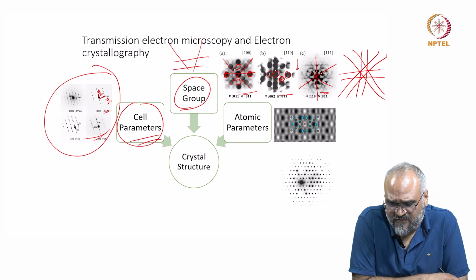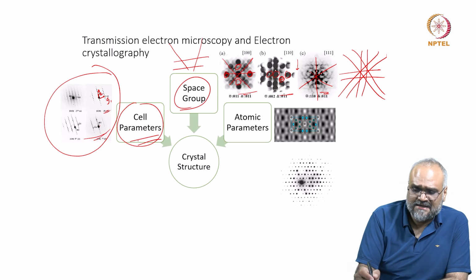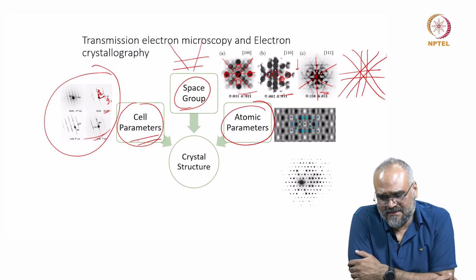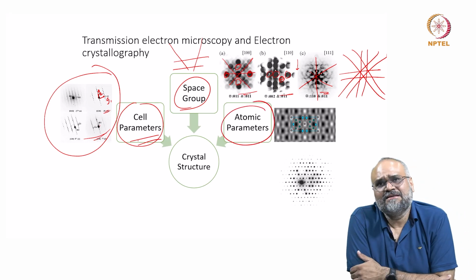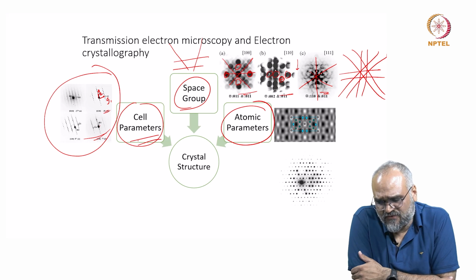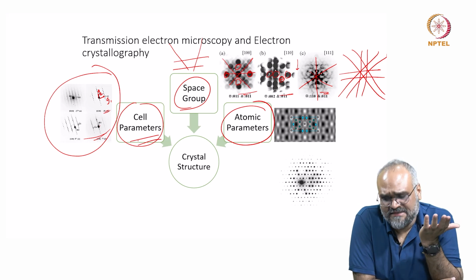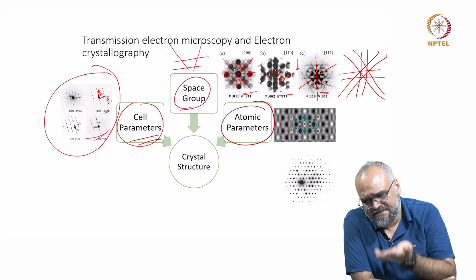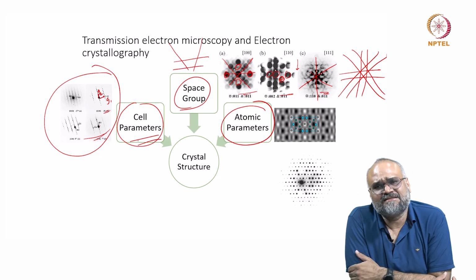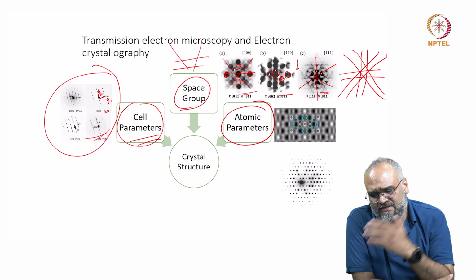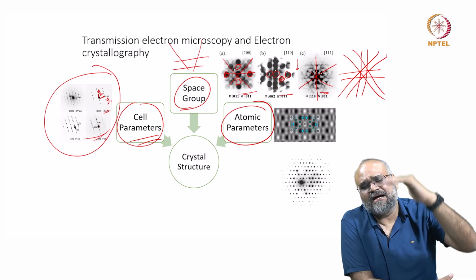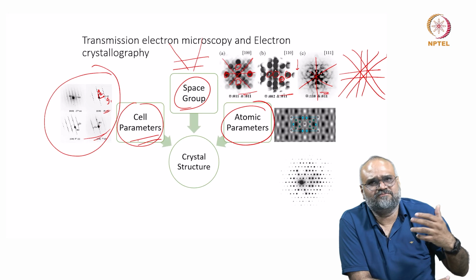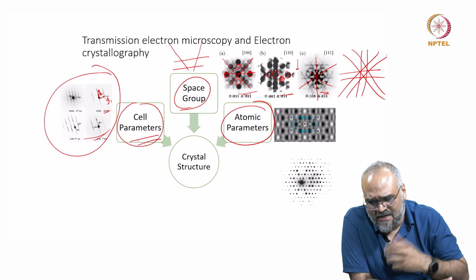And then once I know these two, when I determine the cell parameters and then I get the space group information as well, I can get the specific atomic parameters from a through focus exit wave reconstruction. So, from conventional high resolution TEM imaging, by changing the focus, I can get projected images from the crystalline lattice, and sequence of these high resolution TEM images by changing the focus in small steps of, say for example, 2 or 4 nanometers.